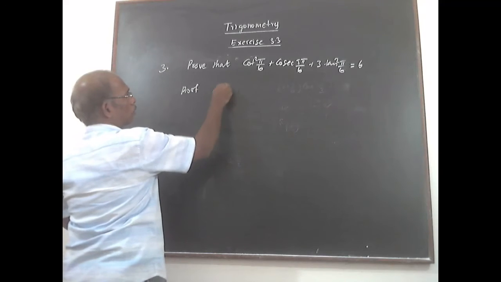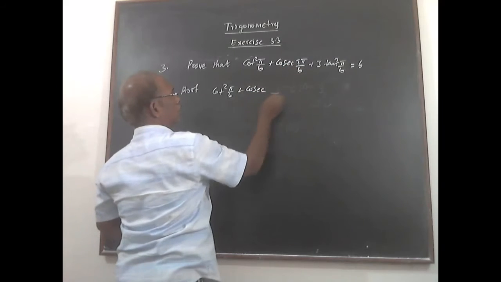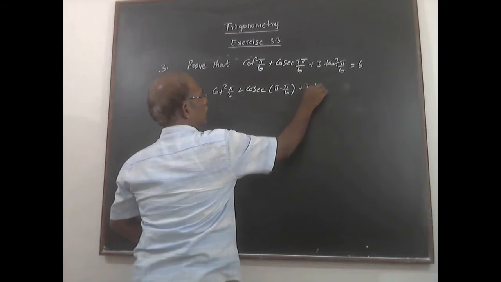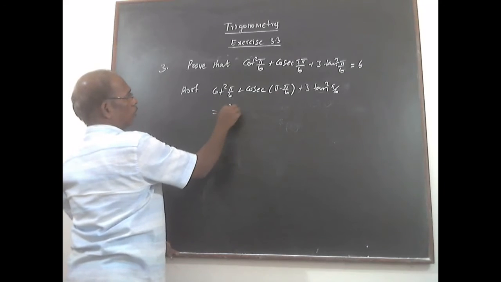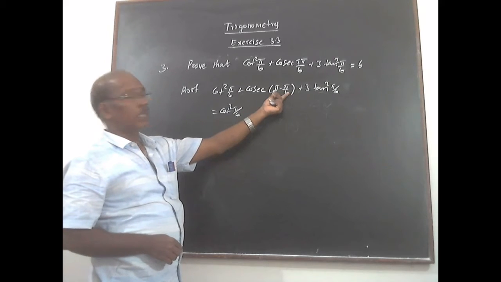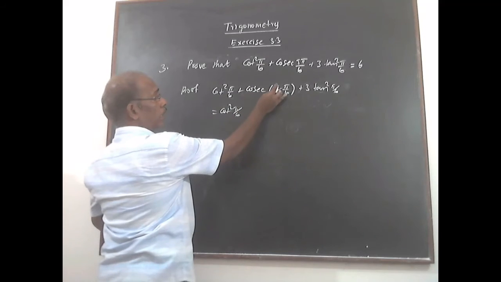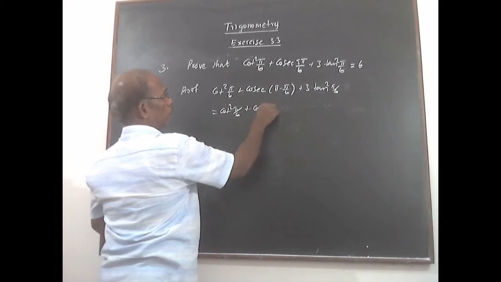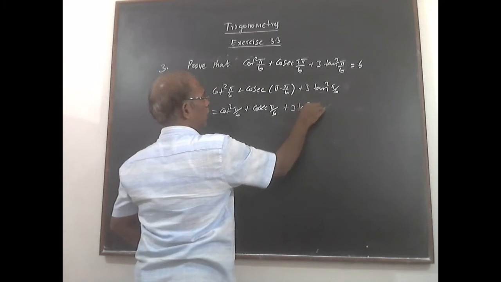Cot square pi by 6 plus cosecant 5 pi by 6, which is pi minus pi by 6, plus 3 tan square pi by 6. Cosecant of 180 minus theta: this angle falls in the second quadrant, where cosecant is positive. The allied angle is a multiple of pi, so cosecant stays cosecant, plus cosecant pi by 6.